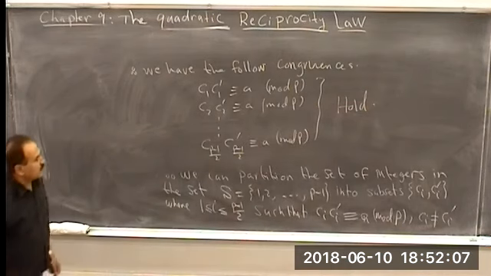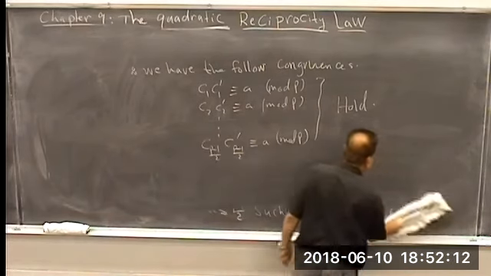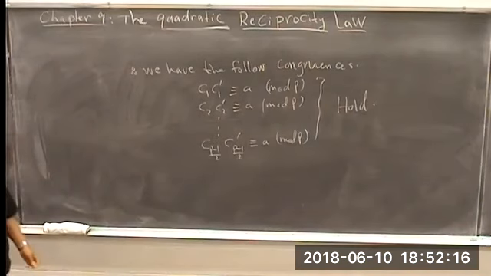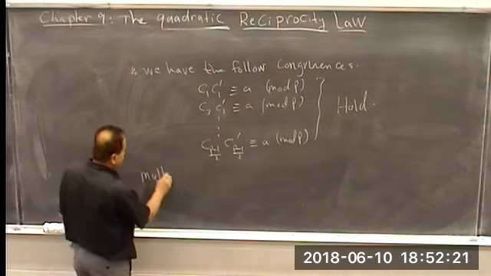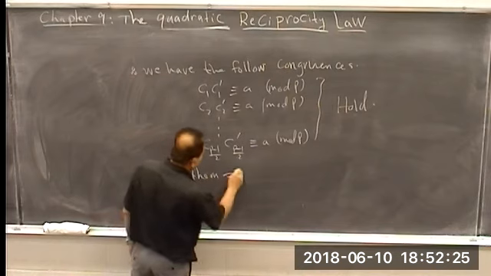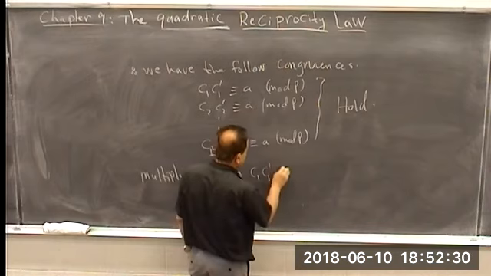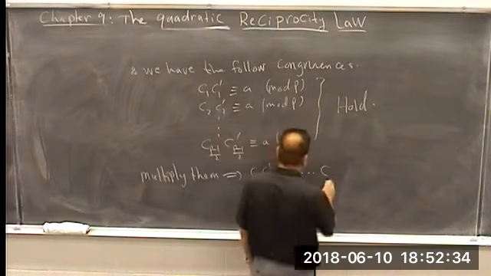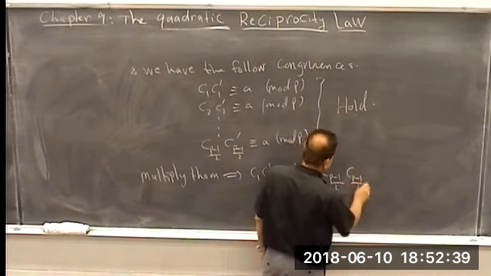Now we're going to multiply them out. Properties of congruences allow us to multiply these. And this gives us C1 C1 prime, C2 C2 prime, and so on, up to C_(P minus 1 over 2) C_(P minus 1 over 2) prime.